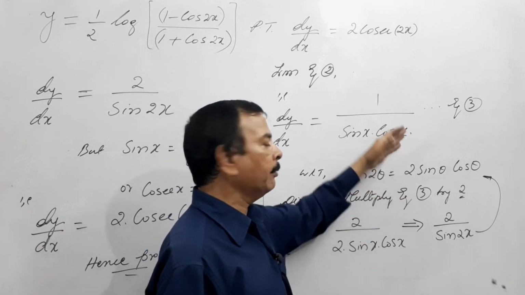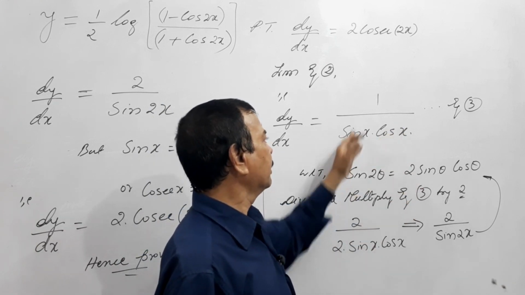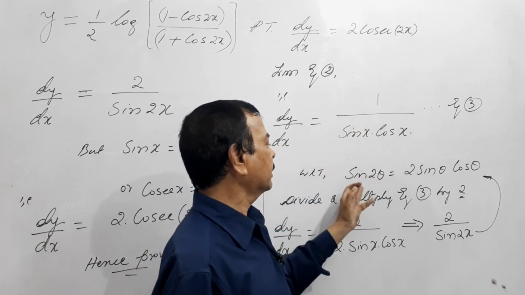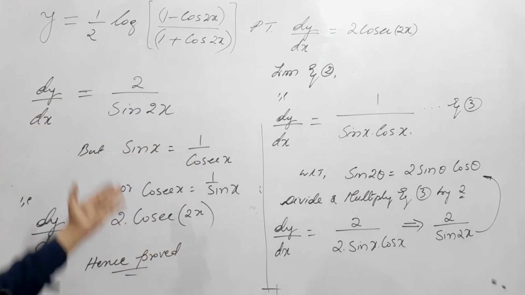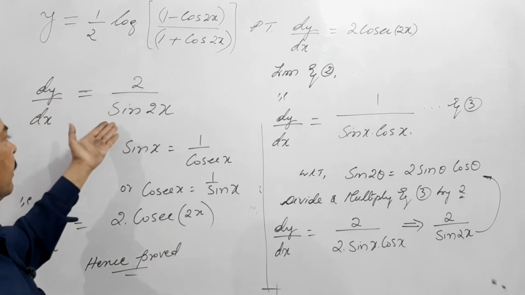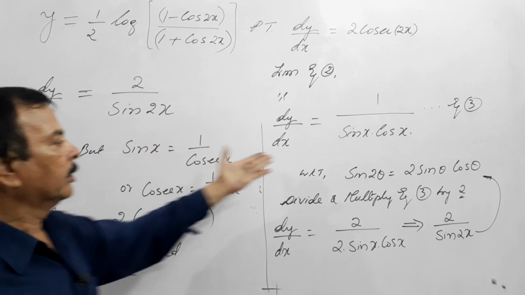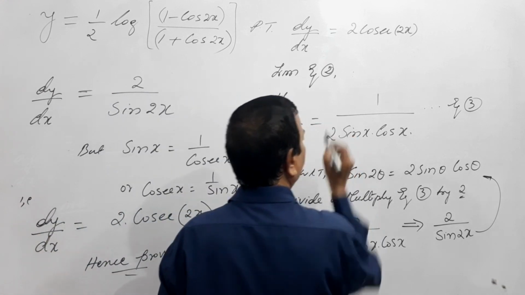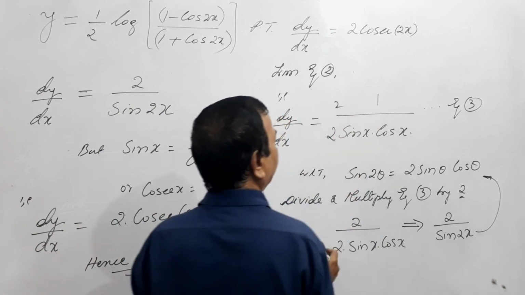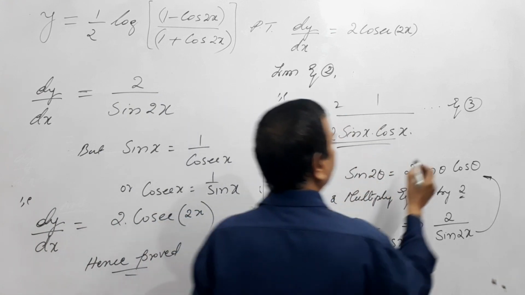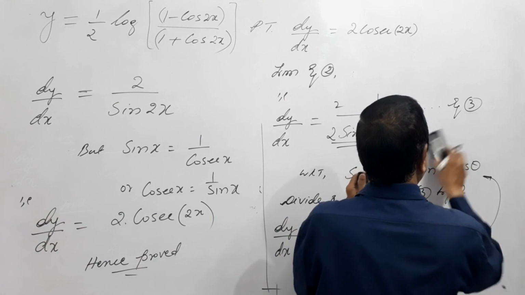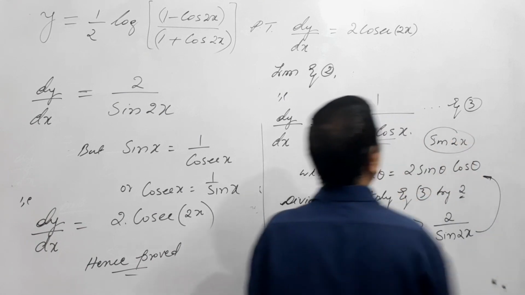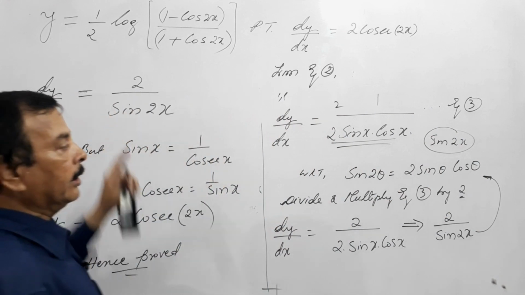So I divide and multiply by 2. 2 sin theta into cos theta is nothing but sin 2 theta. That's what I have done here. This becomes sin 2x.